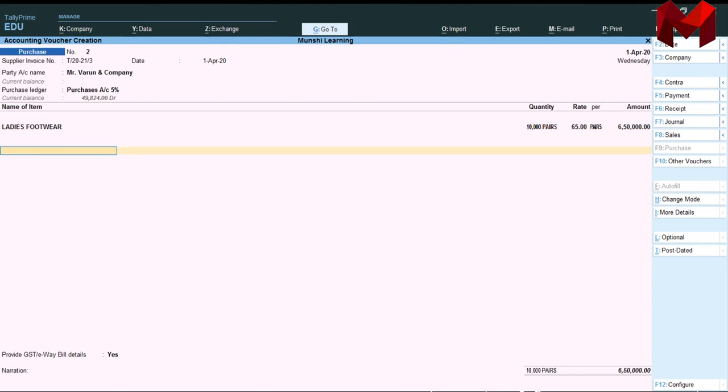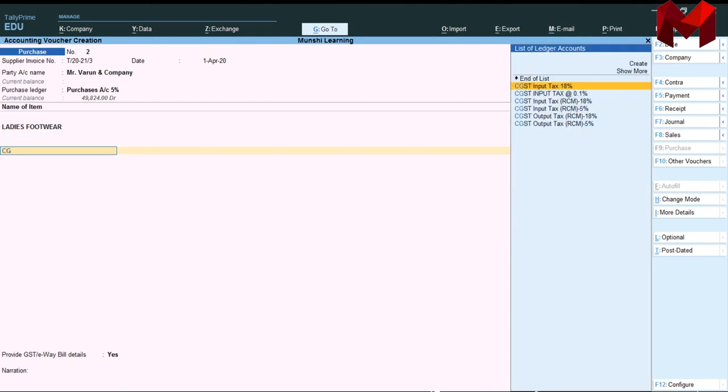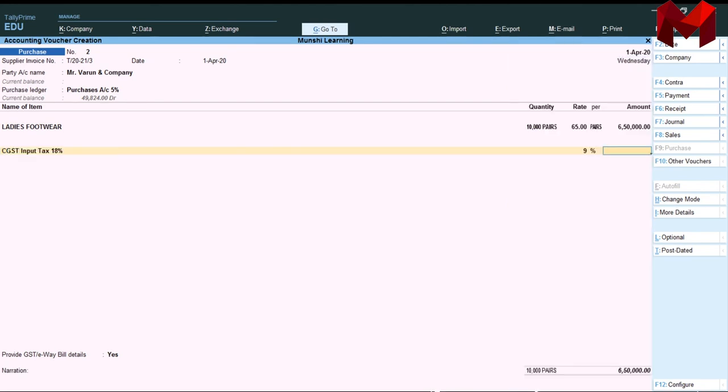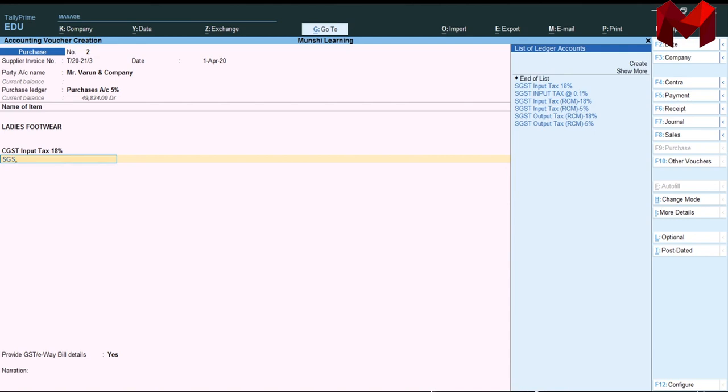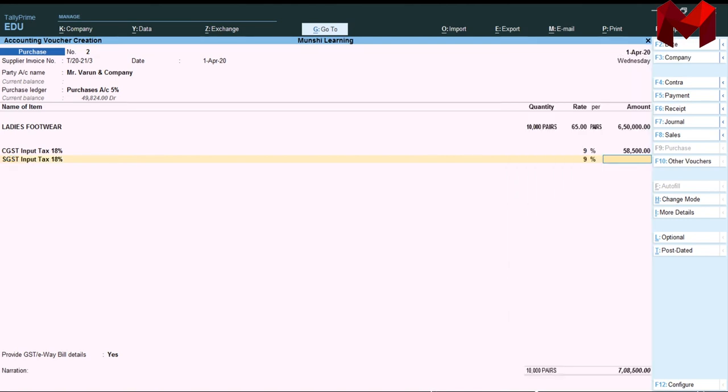Okay. Now CGST input tax at the rate of 9%, the same as the amount. The amount comes out to be 58,500. SGST input tax 9%, 58,500.